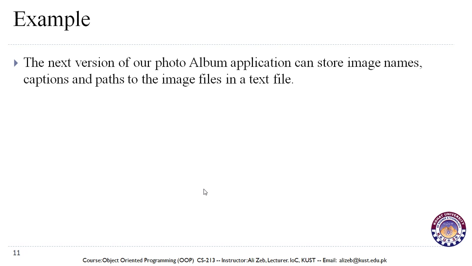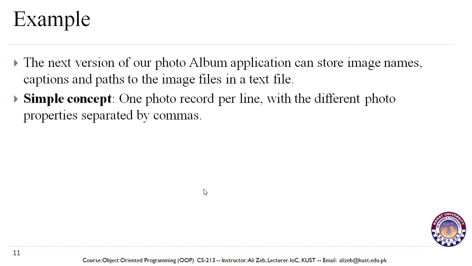So we want to store these details in a text file. The simple concept is one photo record per line. We want to store the details of one photo in a single line of our text file, with the different photo properties separated by commas.